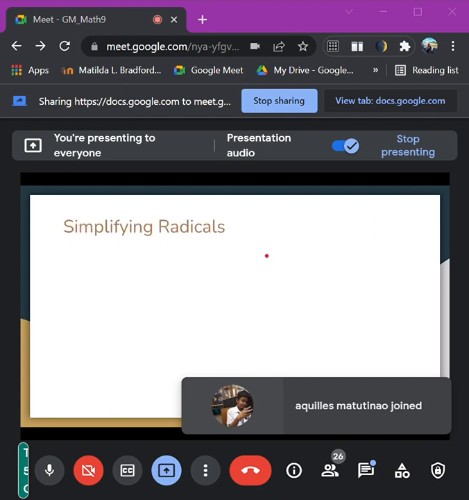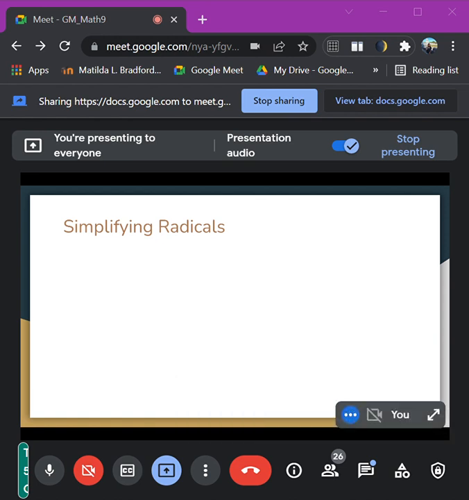So, this will be applied in our last example. Here in simplifying radicals, a radical is in simplest form if the radical does not contain a perfect square, cube, or nth power. Okay, remember? It has no perfect square number.